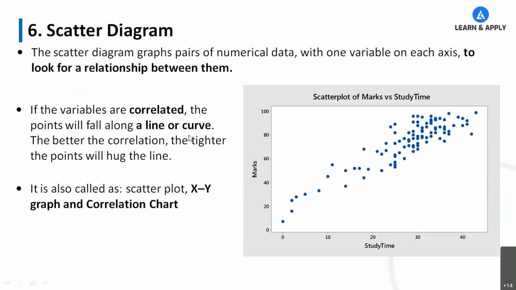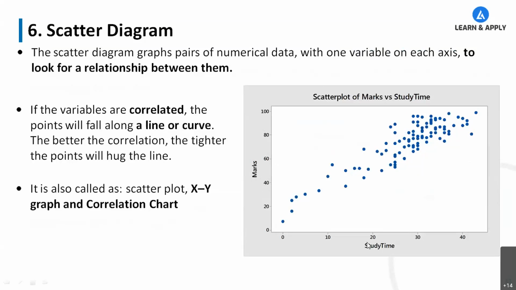The better the correlation, the tighter the points will hug the line. If we draw a line through these points, the tighter they are, the more correlation there is between these two variables. For example, here we have taken a scatter plot for marks versus study time.